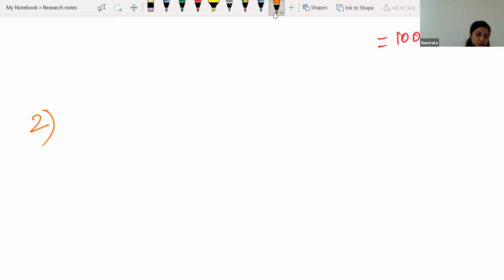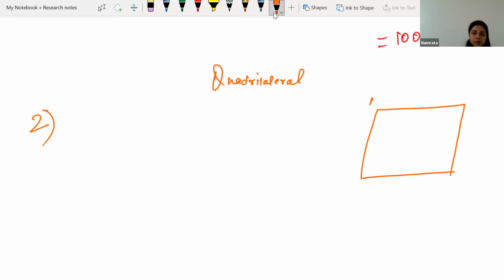So question number 2 from quadrilateral says ABCD is a rhombus. I am drawing ABCD as a rhombus, where obviously AB must be equal to BC, equal to CD, equal to DA, since it's a rhombus.